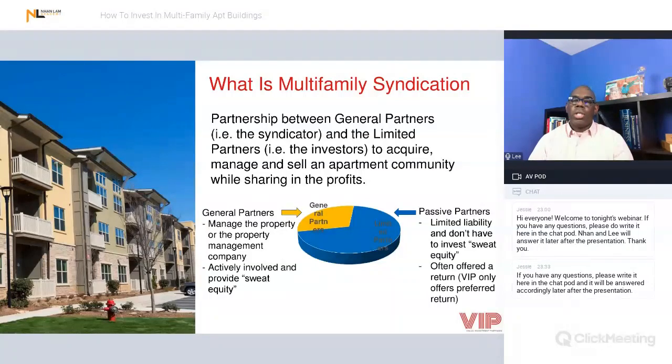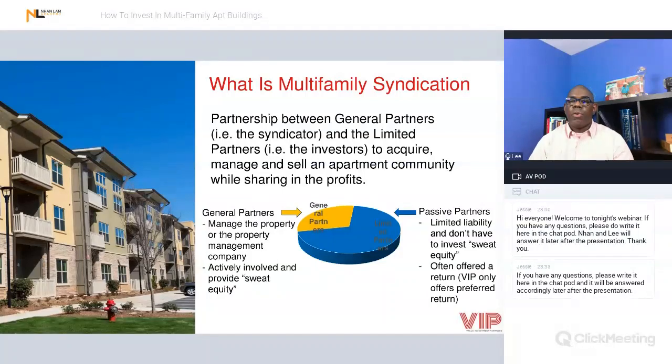The GPs are responsible for finding the deal, finding the asset that you're looking to purchase. They're responsible for putting up or sourcing the risk capital they're going to use for their earnest money deposit. They're responsible for securing the financing.